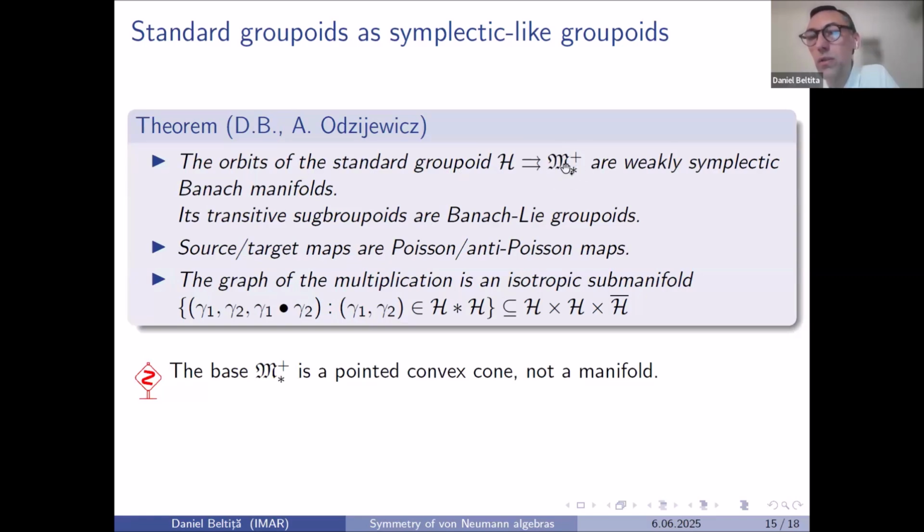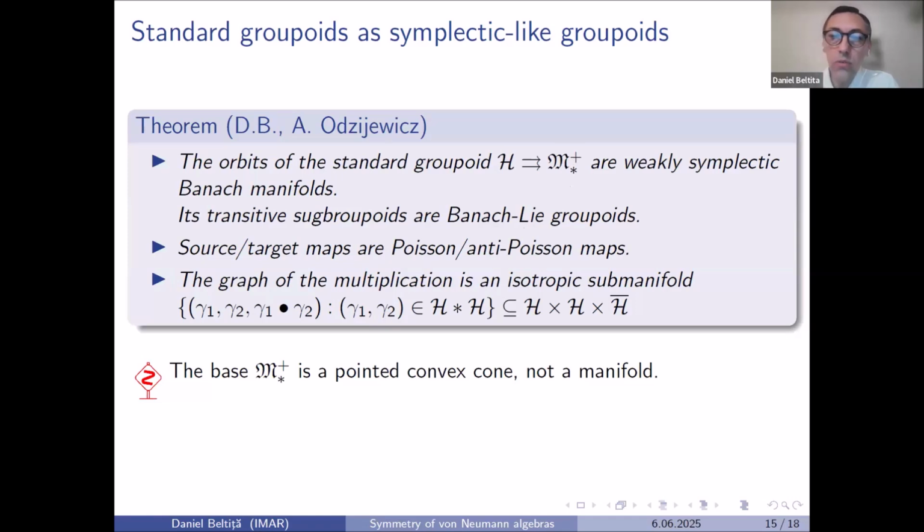So here, this is a closed convex cone in the Banach space, but we are enriching the topology in order to obtain a manifold structure on the base. Because it is just a pointed convex cone, it cannot be a manifold. So in some sense, we add additional topology in order to get a smooth structure.